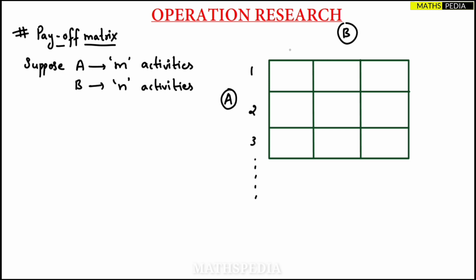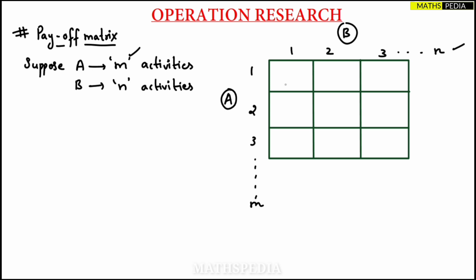B also will have n number of activities, starting from 1, 2, 3 and so on until n. That's why I said m activities and n activities. Why can't we go directly to solving problems? If you understand this concept, it will be easy, and you can solve a variety of different kinds of problems.